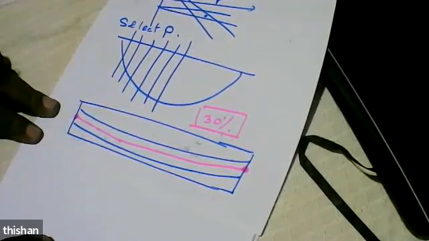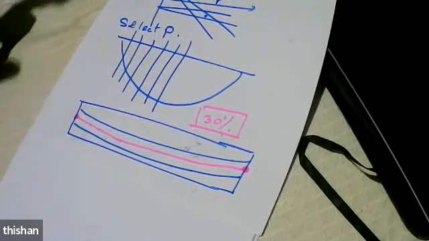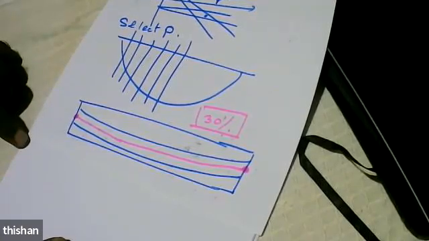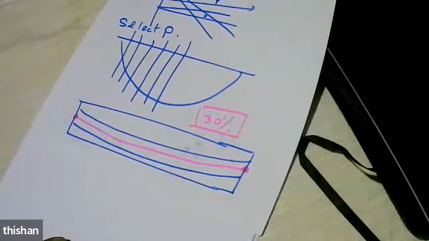Then you have to check for shear, and provide some reinforcement for construction stages like early thermal cracking, like minimum reinforcement. Then the design is over.